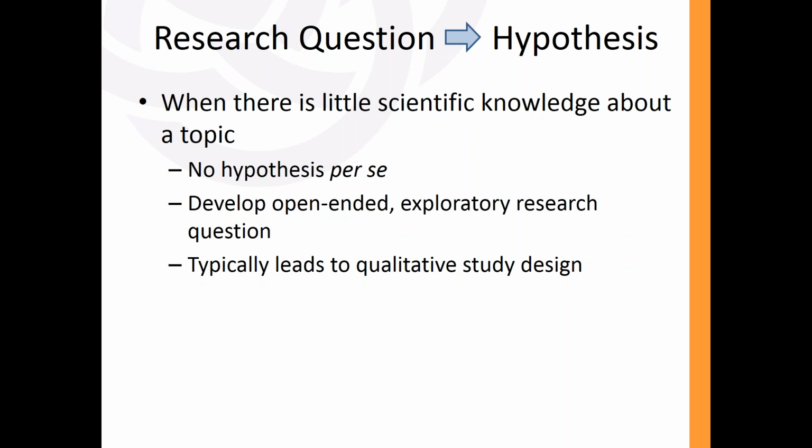You would develop a more open-ended, exploratory research question, which typically leads to a qualitative study design where you ask people about their experience, have the opportunity to ask follow-up questions, develop themes, and start to build a theory of what it means to have a certain kind of life experience.